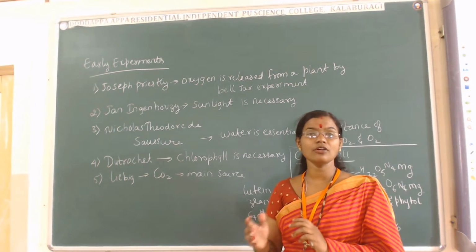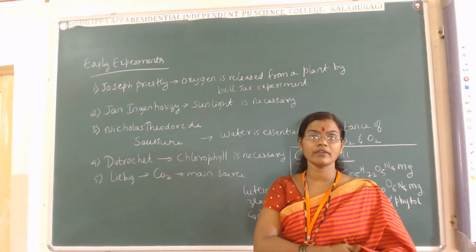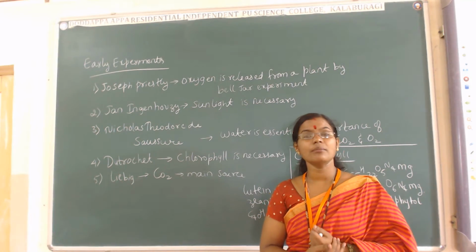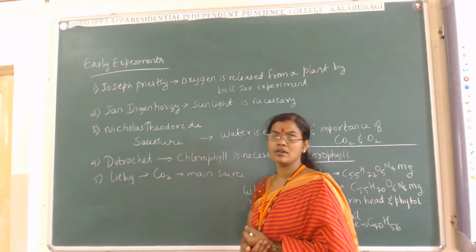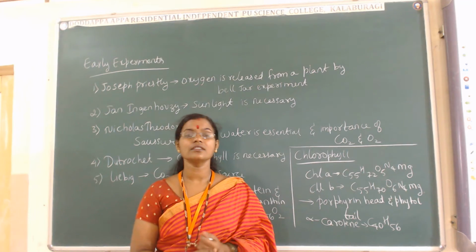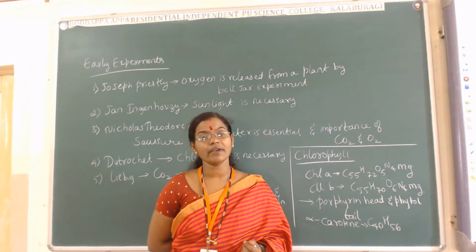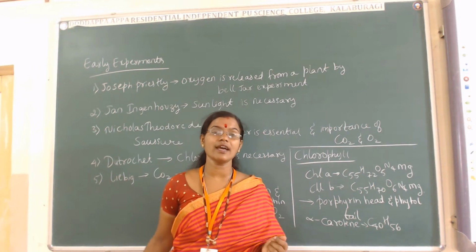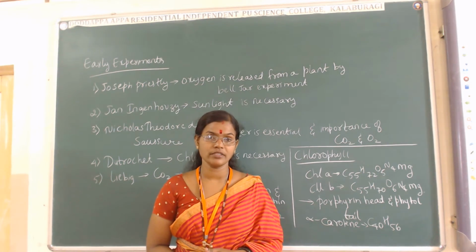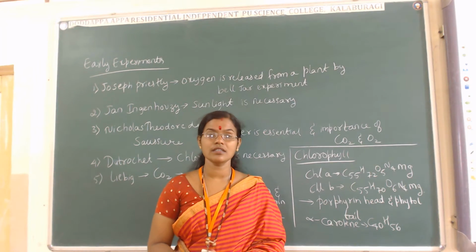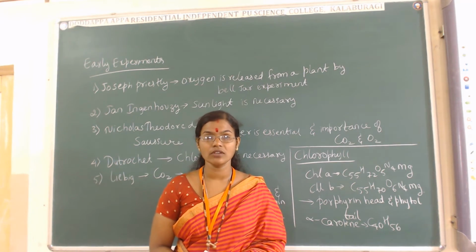This band of light is called what? Spectrum. Just a brief revision. Two types of spectrums are there, the action spectrum and the absorption spectrum. Action spectrum is the immediate reaction given by the plant body when the sunlight is falling on the leaf.